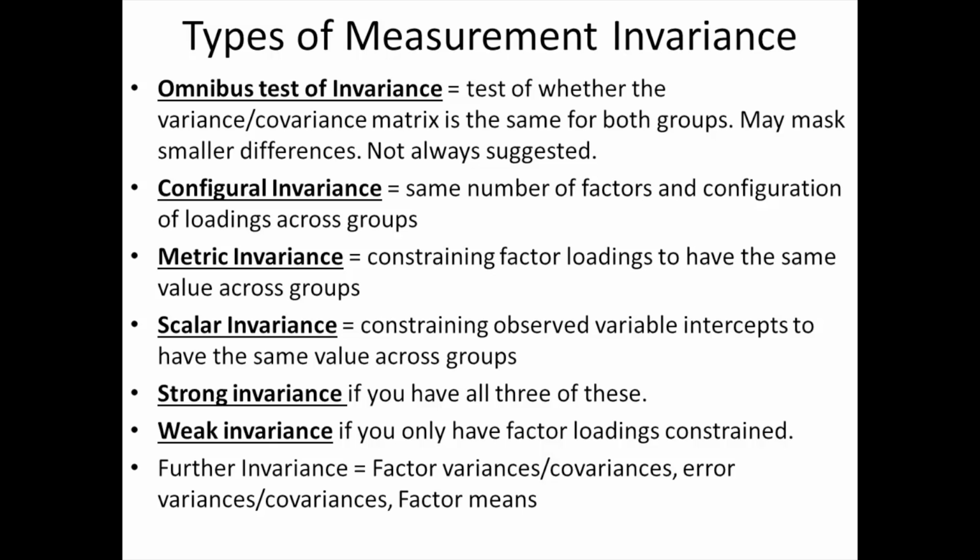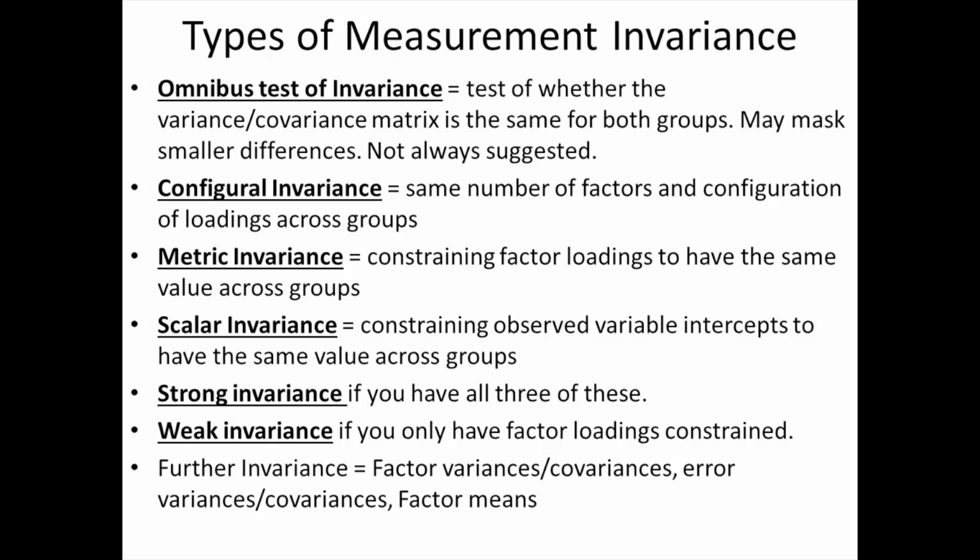Okay, I see further, it's down there under weak invariance. If we find metric invariance, scalar invariance, configural invariance, all three of those, we have something called strong invariance. If only the factor loadings can be constrained, we would call that weak invariance.